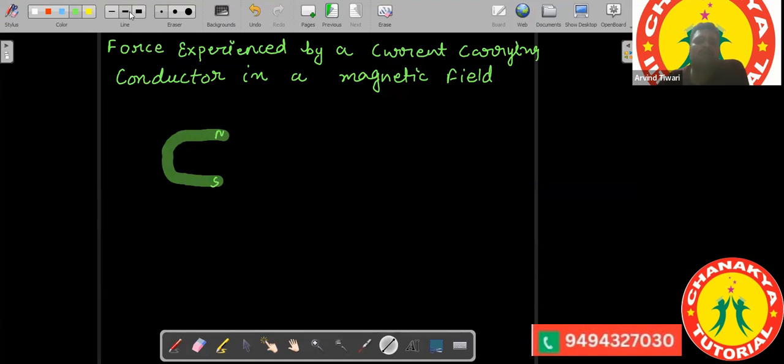Between the poles of this bar magnet, we hang a metallic conductor. So let's put here a metallic conductor which is placed between these. This is a metallic conductor which may be your metal scale. You can take your metal scale also.